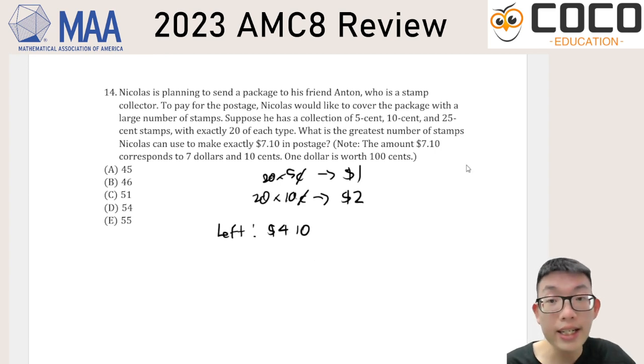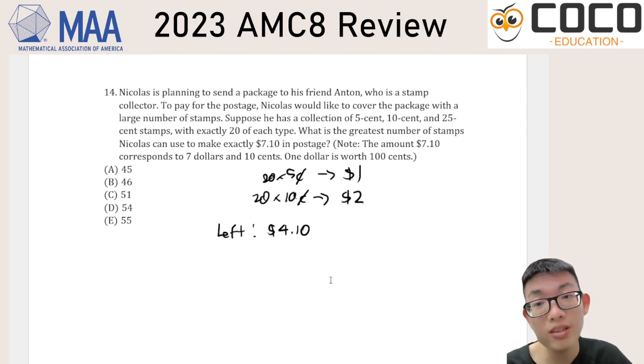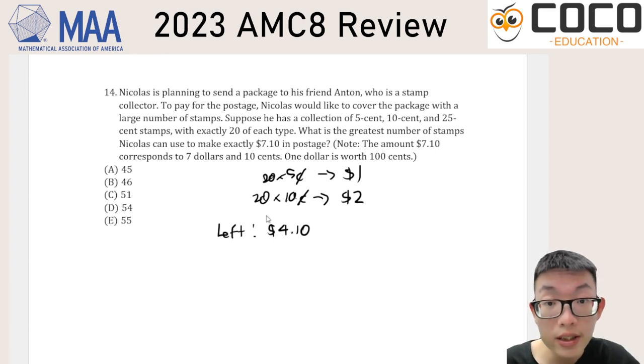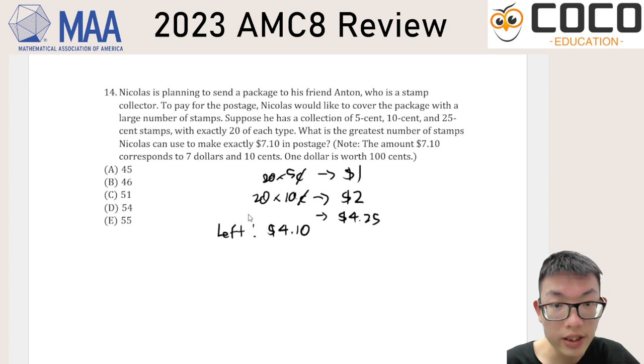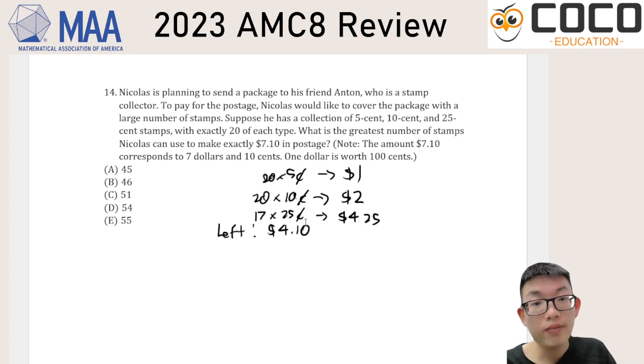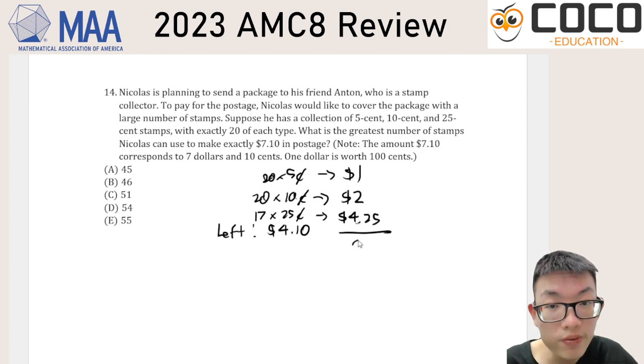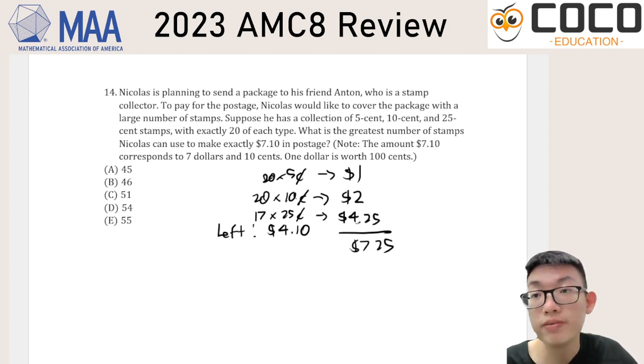Now, I can't get that exactly using 25-cent stamps, right? And so therefore, I would need to do a little bit of adjustment. Now, the closest I could get would be $4.25. That would be with 17 25-cent stamps, but this would currently give me $7.25.